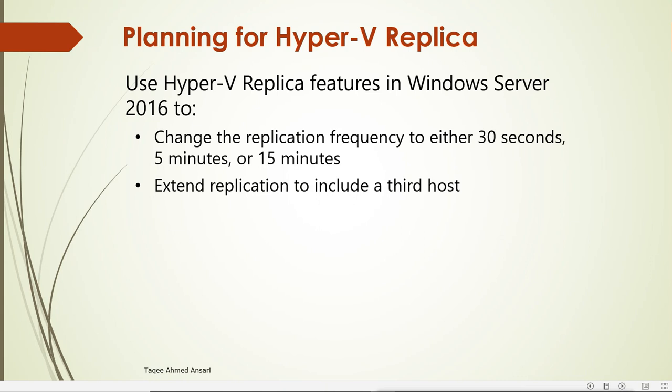Whenever we have a change in the main machine, I want to update it directly to the replica machine, so I will make the frequency less, like 30 seconds. Or I can use more time if I know that a machine does not update very quickly or frequently, so I can update the replica after some time.